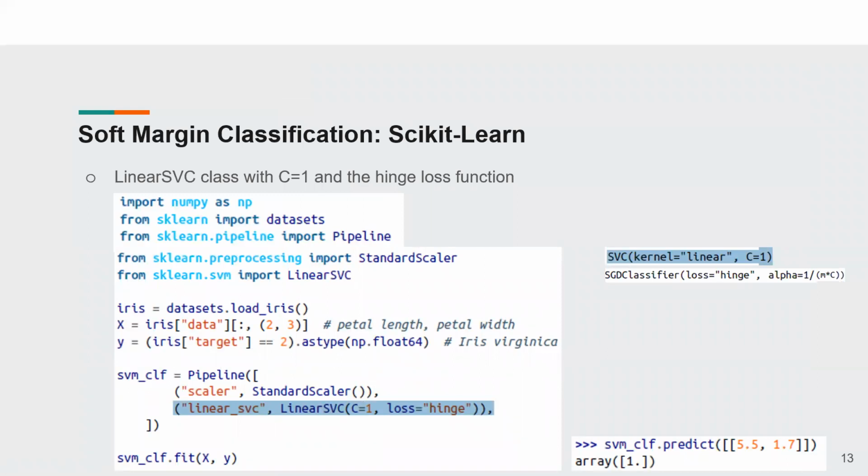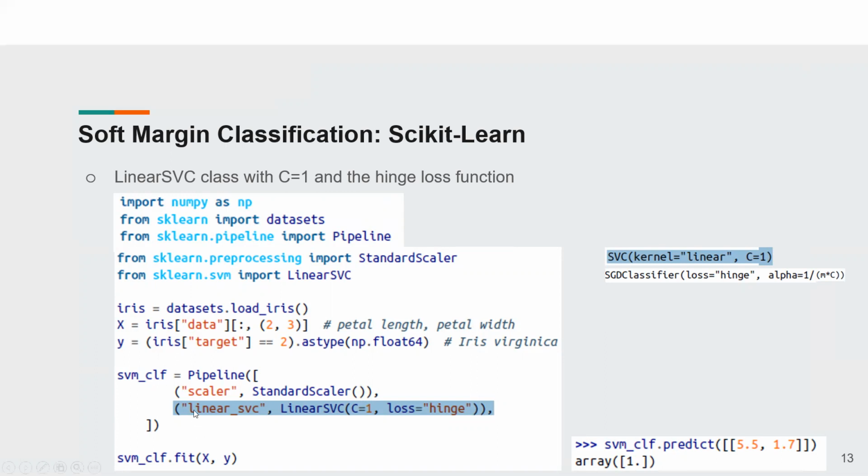And here, just to give you an introduction on how you can implement the SVC in scikit-learn, you could have 3 different possibilities. One is the LinearSVC class with C equal to 1 and the hinge loss function. In this pipeline, you do the scaler first, because we said scaling helps SVM algorithms.